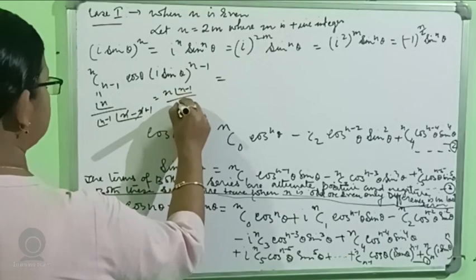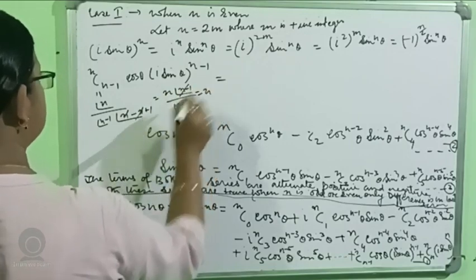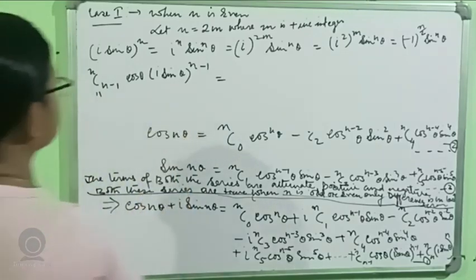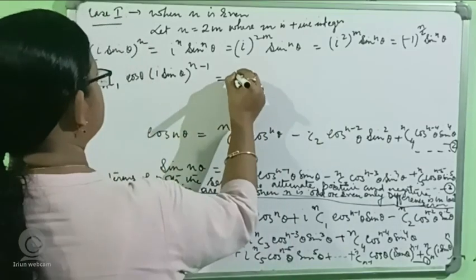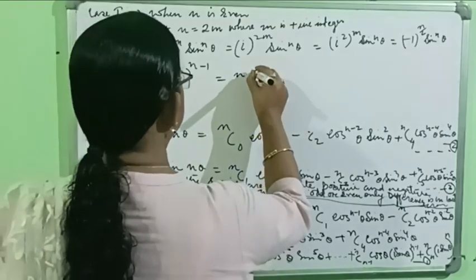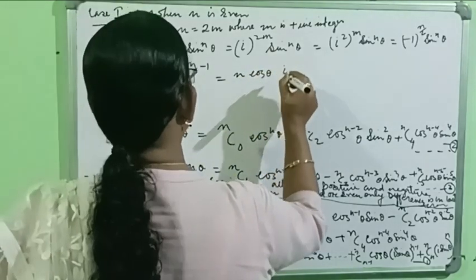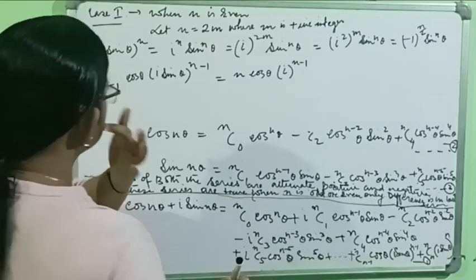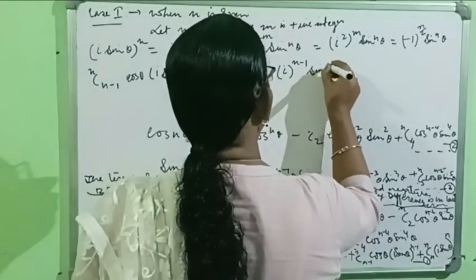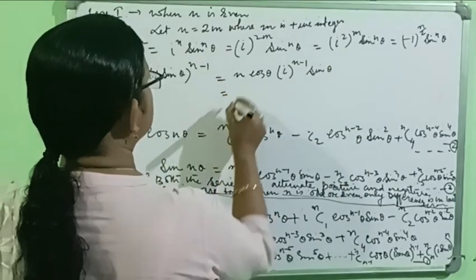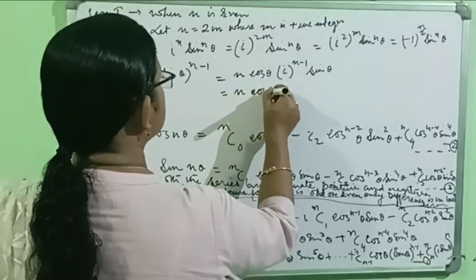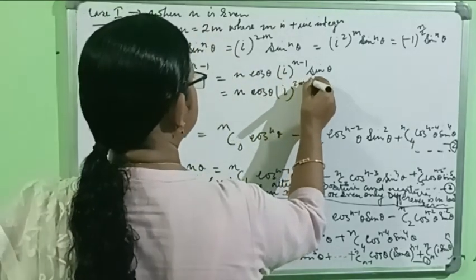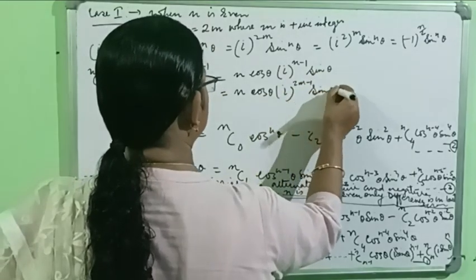So this is equal to n cos theta i^(n-1) sin theta, where the value of n is 2m, minus 1 sin theta.